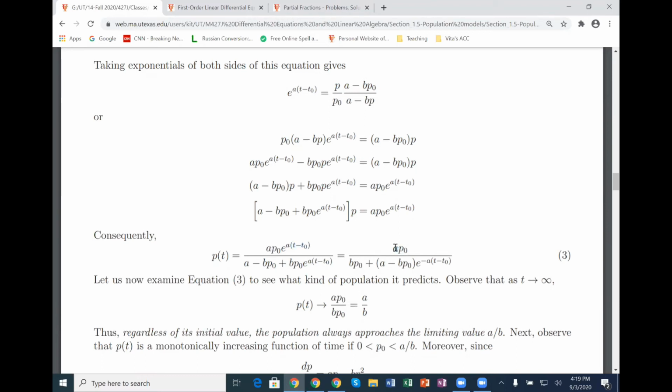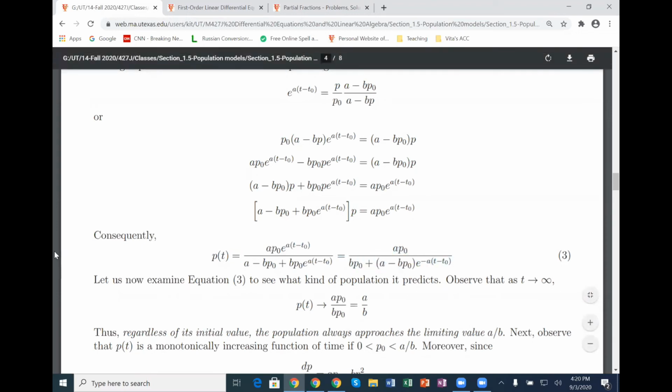So E completely disappears from the top. E completely disappears from this. What is left is just B times P0. And then E appears over here, but the exponent is negative since we divide top and bottom by this. So P of t is equal to this.